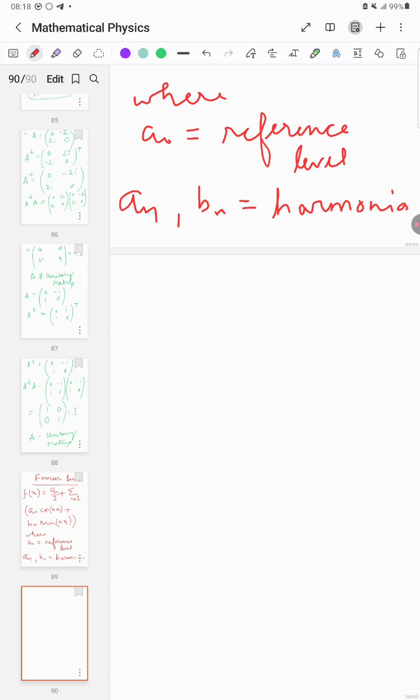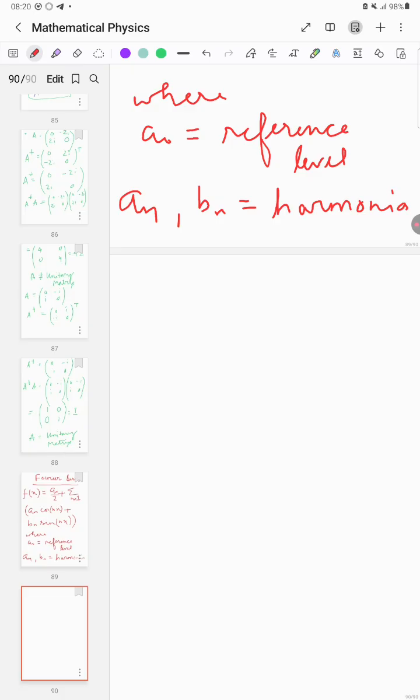So what are harmonics? In simple terms, these an and bn, when expanded as a1, a2, a3, b1, b2, b3, are called harmonics. These frequencies are not arbitrary; they are integer multiples of the fundamental frequency, and these components are called harmonics. In physics, in sound, harmonics determine the tone or timbre of a musical note.